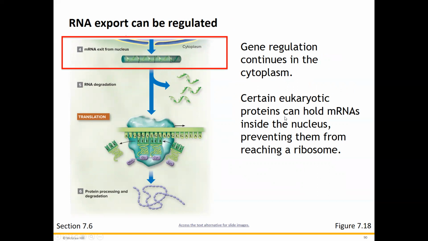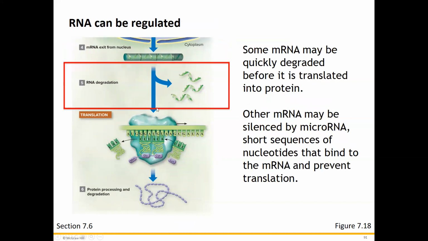So restricting and keeping the messenger RNA inside the nucleus will certainly keep the protein from being created. And then the fifth method involves RNA degradation. So you have messenger RNAs that come through the nuclear pore, but they're met with a whole bunch of enzymes, and those enzymes will degrade these things very quickly.